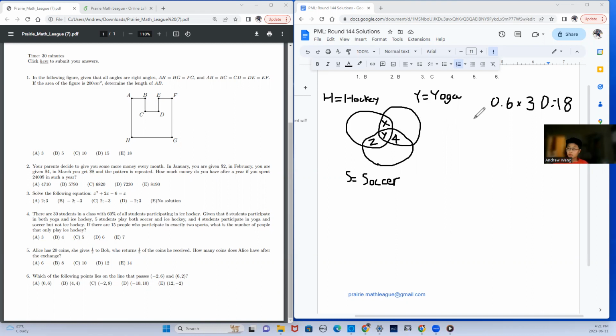And we can write some equations based on more information we're given in the question. So X plus Y, which is the amount of people who do hockey and yoga, X plus Y equals 8.